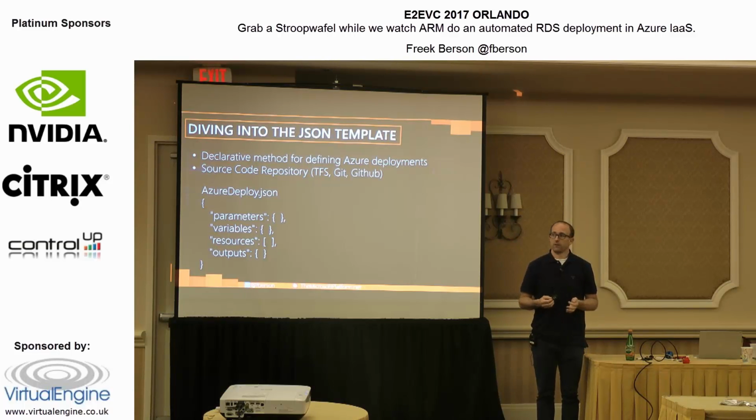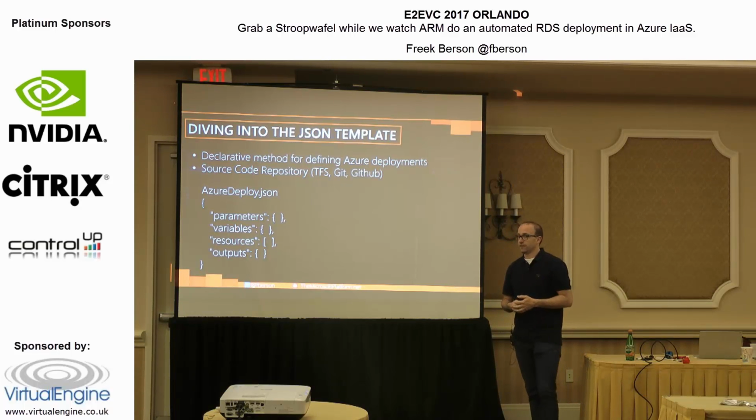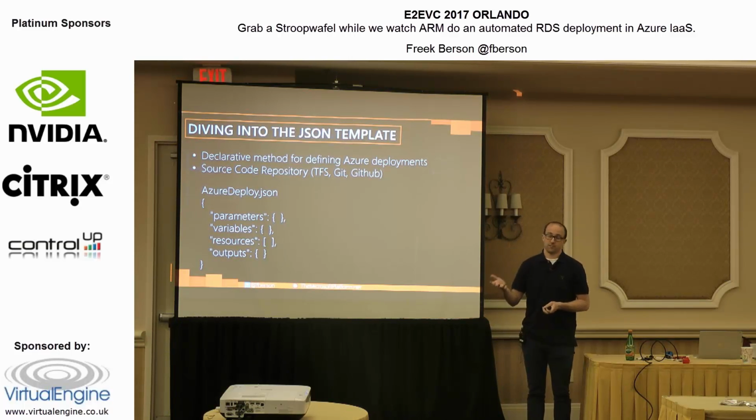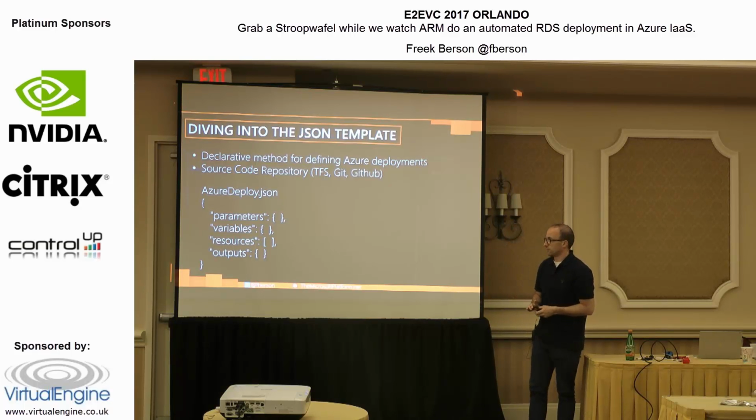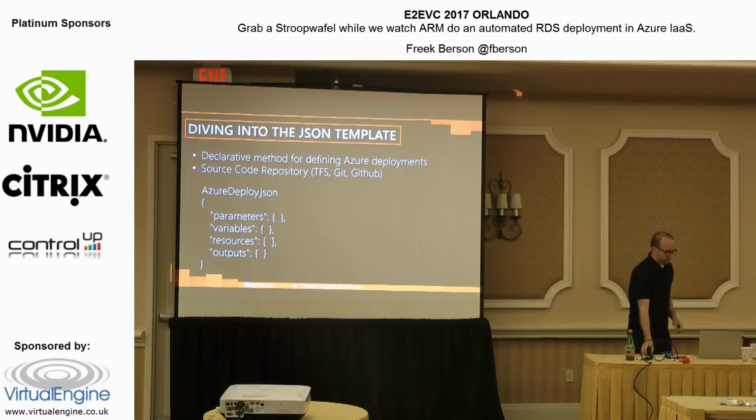So for example, if you're creating a public IP address, you might want to output that public IP address for the end user to make sure it's added to his public DNS or whatever. So this is a JSON template, an overview.